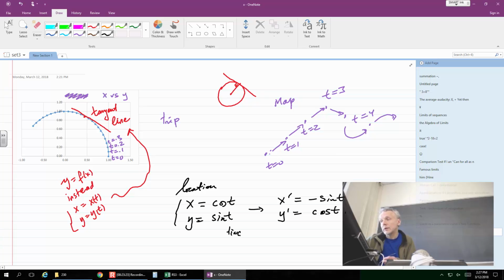This is time, still time, and this is velocity. Except this time it's not a single number, because the motion is two-dimensional, so it's two numbers. It gives you how fast you are moving in the horizontal direction and how fast you are moving in the vertical direction. If you have two axes, x and y, you can measure your velocity in two different directions, and these are the two functions that give you that.